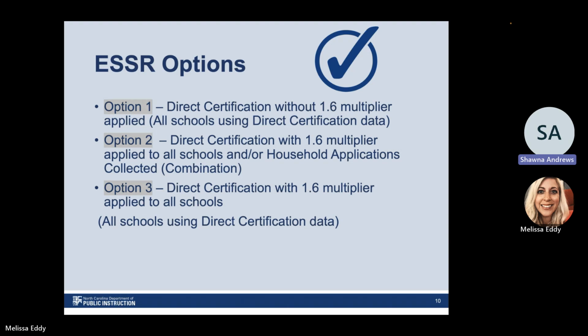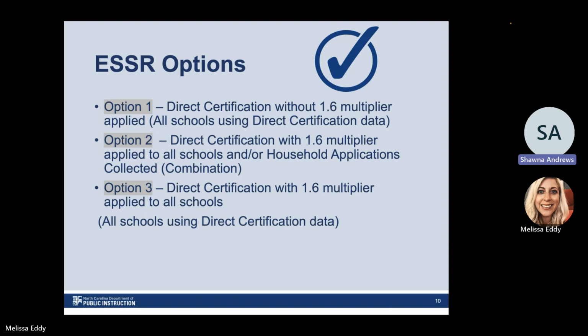So this could be a combination of using direct certification and household application. This occurs when you have some schools that are CEP and some that are not within your district. Option 3, direct certification with the 1.6 multiplier applied to all schools.